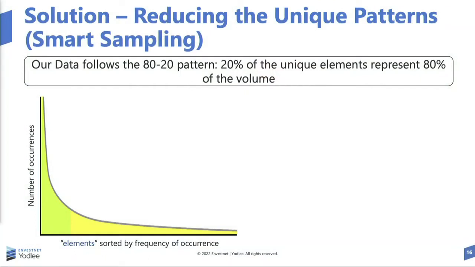Now, if you look at our data, it classically follows the so-called 80-20 rule, right? What does that mean? That 20% of the unique elements represent 80% of the volume, right? So when we are looking at all this transaction data, we do want to completely understand the complete structure of the data, and look at all elemental variations that we have.